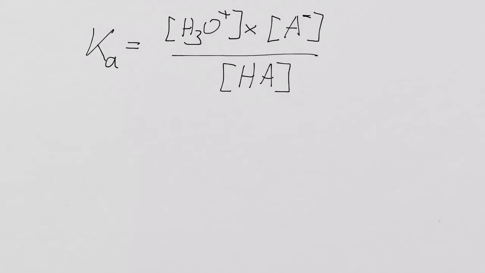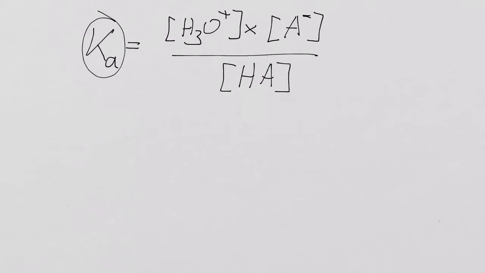It's usually sort of built in this Ka. What was the concentration of water again? 55.56 molar. Thank you very much. Because it's always a constant, more or less, we just don't do anything with it. So we have our equilibrium here.